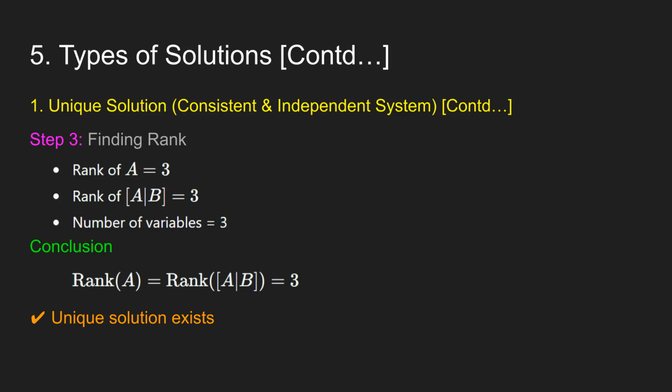The rank of matrix A is equal to 3. The rank of the augmented matrix A bar B is also equal to 3, and the number of variables in the system is 3. Now let us state the conclusion. Since the rank of matrix A is equal to the rank of the augmented matrix A bar B, and this common value is equal to 3, we conclude that a unique solution exists.